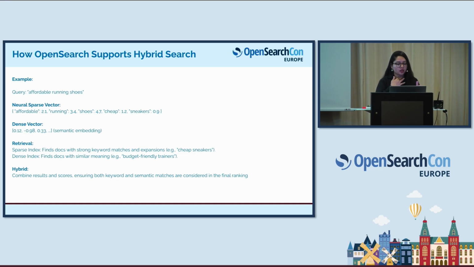After the retrieval, the sparse index will find the strongest keyword matches, like cheap sneakers, and dense will find words that are similar to it, like budget-friendly trainers or something like that. And after this, with hybrid, we will get the most appropriate result for the user query.